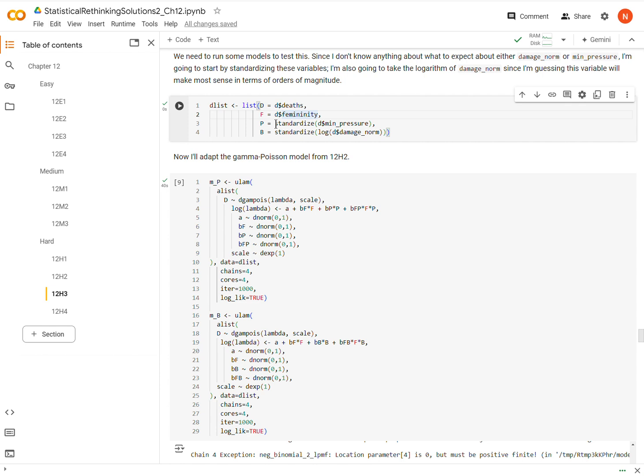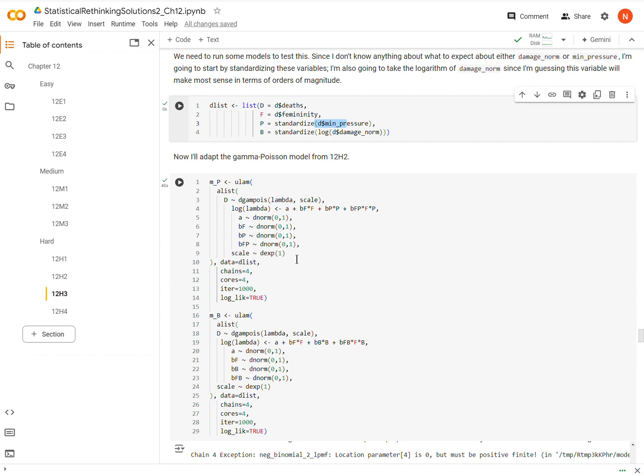Then we ran 2 models looking at the strength of the storm. One predictor that we used as a surrogate for strength of the storm was this variable called min pressure, and the other one was damage norm, the dollar amount of damage done by a storm. We had separate models for the 2 storm strength indicators.